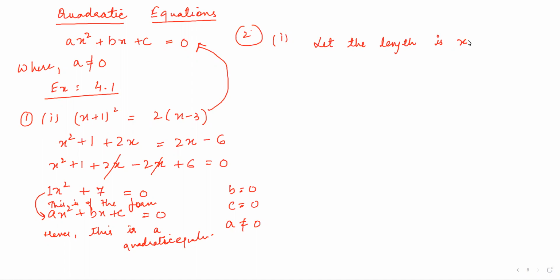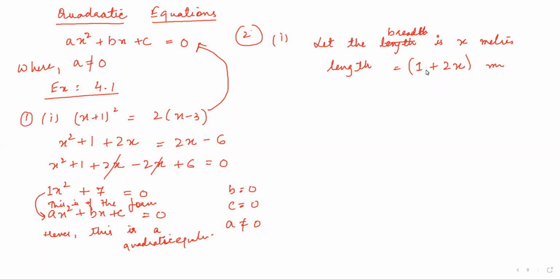The length is 1 more, so you can assume breadth because length is something more than this. Let the breadth be x meter. So the length of the plot is 1 more than twice its breadth. So what will be the length now? 1 more than twice its breadth, meters. Any confusion here?